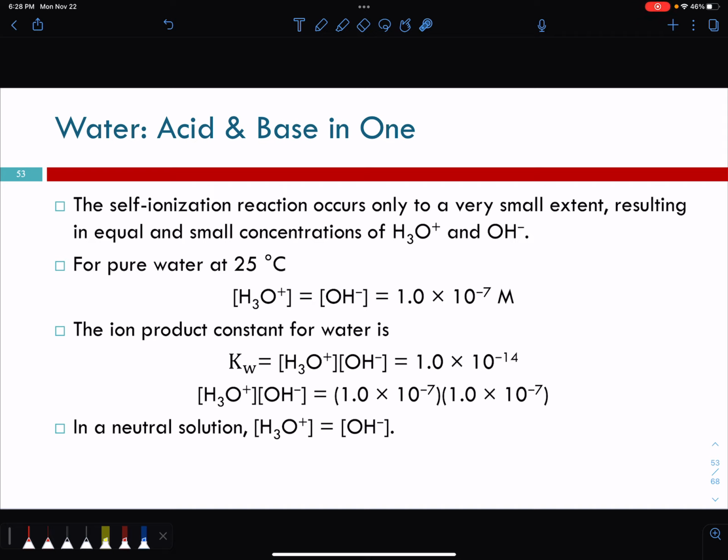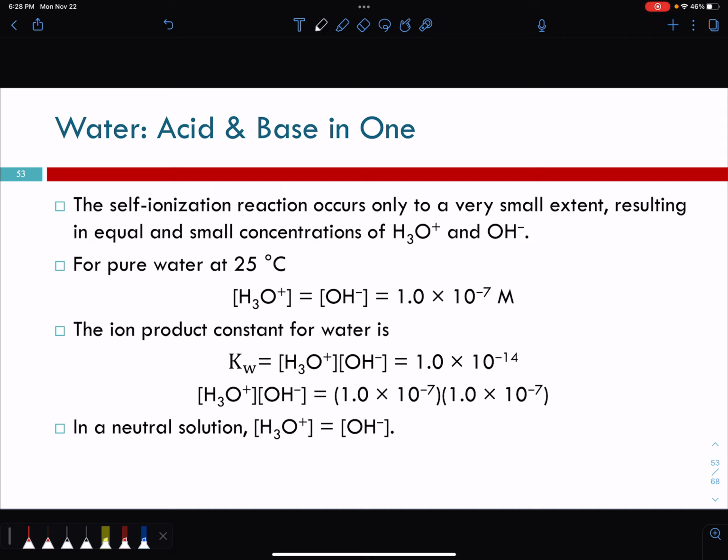All right, so for pure water, 1 times 10 to the negative 7 for each of those. So the ion product constant for water, which is Kw, is our H3O plus concentration times our OH minus concentration, will give us 1 times 10 to the negative 14. That's constant.